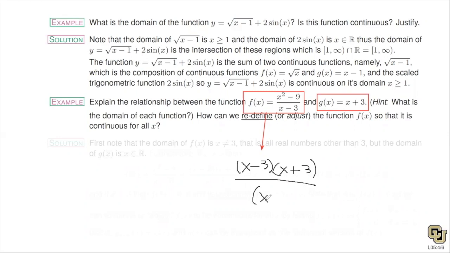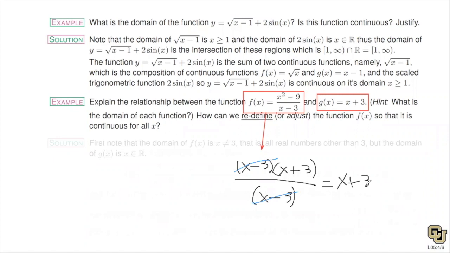So the natural thing now is to cancel the x minus 3. And now I conclude, well, this function is basically just the same as x plus 3. And that's actually not true.